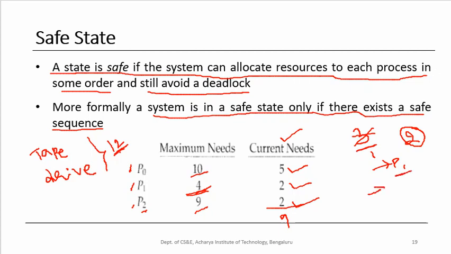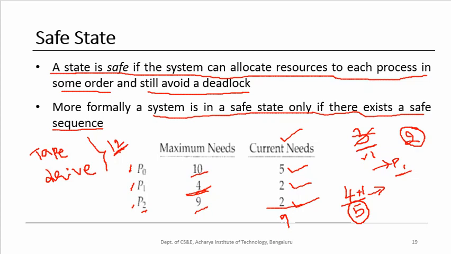Once it completes its execution, it is going to release those 4 tape drives. When it releases 4 tape drives, how many do we have in the system? Now we have 5. We had 1 free, and now P1 is releasing 4 after its execution, so now we have 5 tape drives.